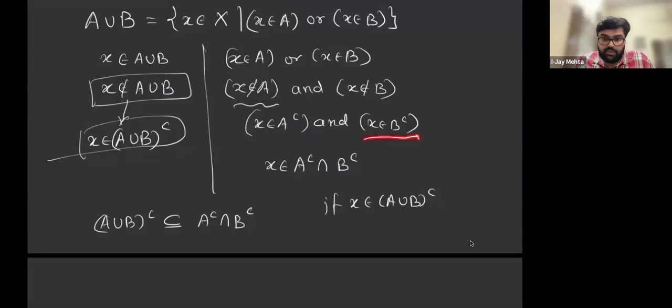If it is not in B, it is in B complement. And X is in A complement and X is in B complement. So X is in A complement intersection B complement. So you prove this: if X is in A union B complement, then X is in A complement intersection B complement. All clear now?